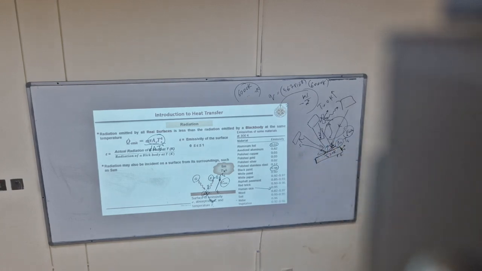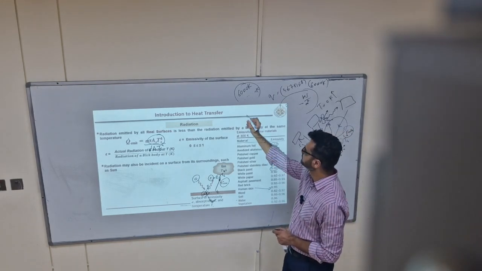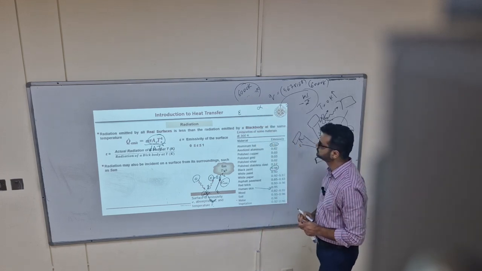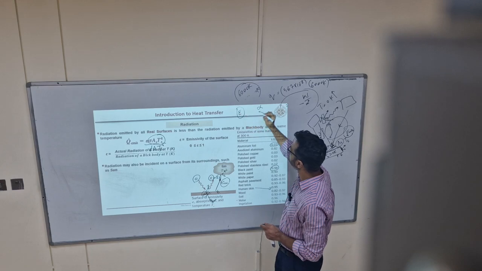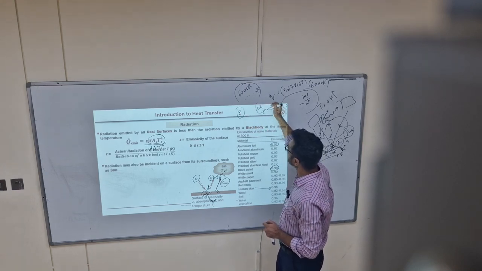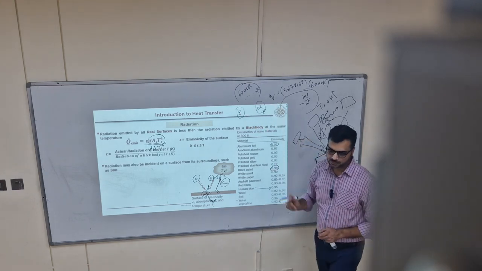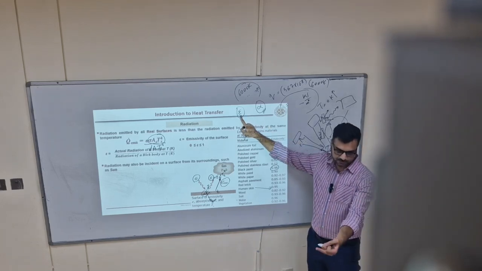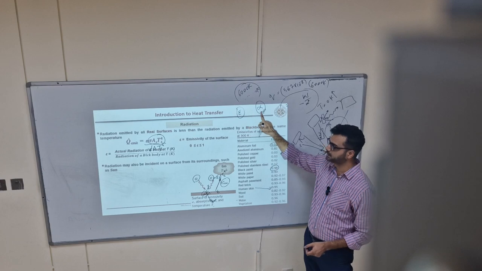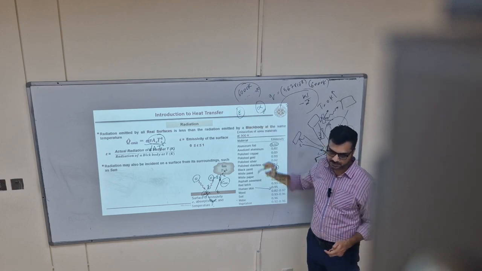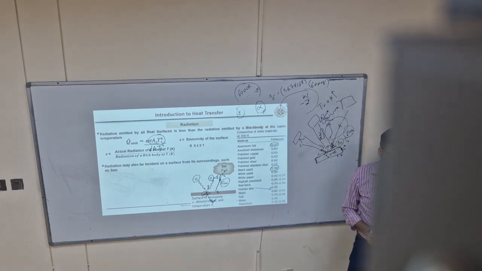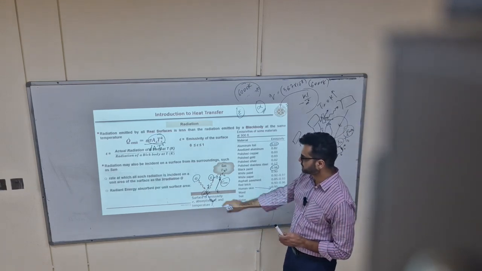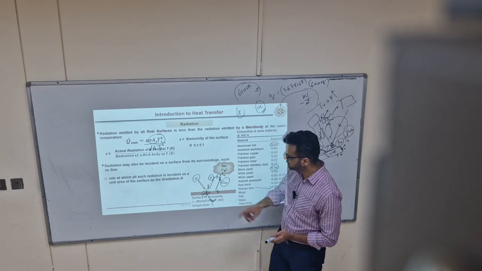Okay. So now we have two terms, epsilon and alpha: the amount of radiation emitted with respect to a black body, and the amount of radiation absorbed with respect to a black body. Here we use the term irradiation.